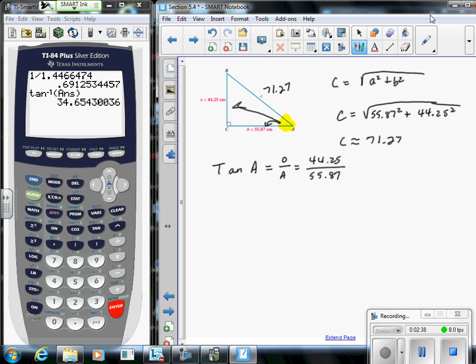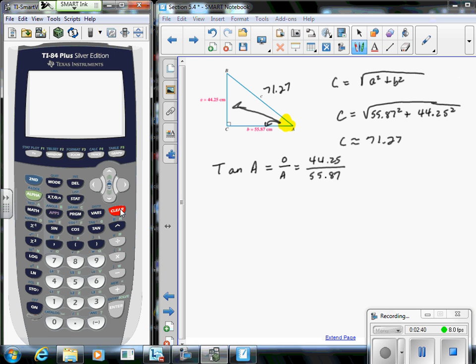So I'm going to go to my calculator, and this is where I want to use the inverse trig. Of course, my calculator wants to give me things twice, even though I'm clicking once. It is inverse tangent of 44.25 divided by 55.87, and I close my parenthesis.